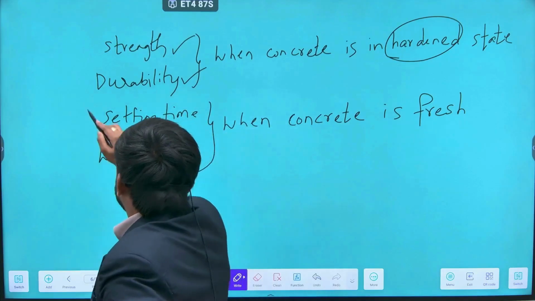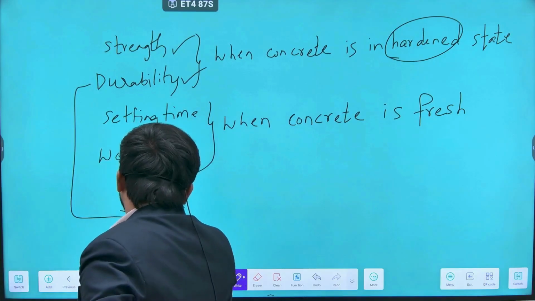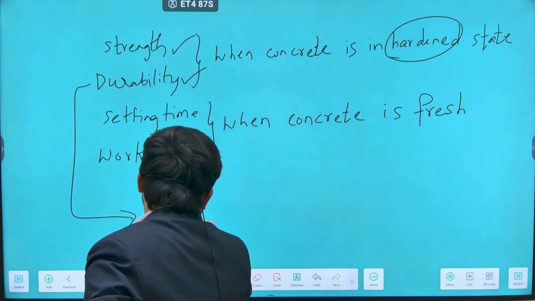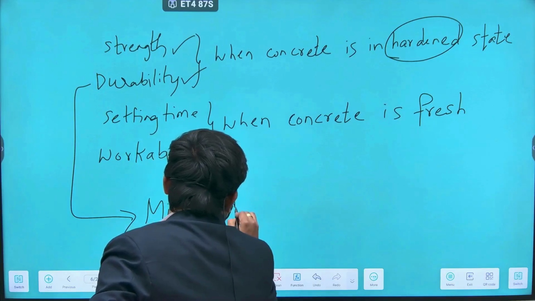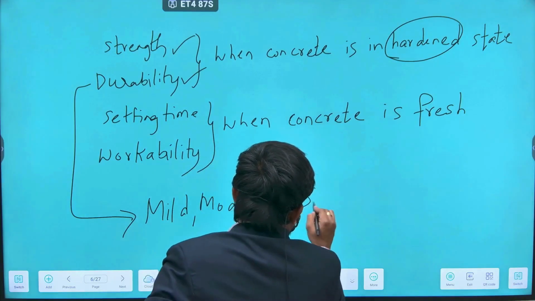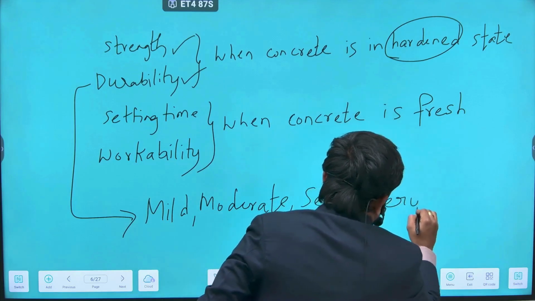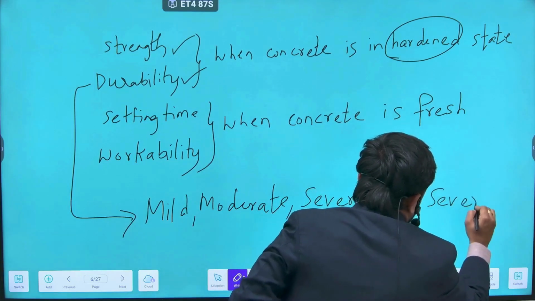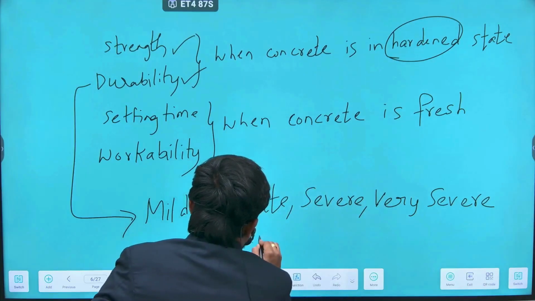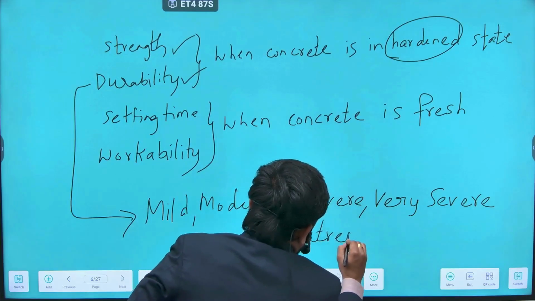Durability is based on different environmental conditions. They are mild, moderate, severe, very severe, and extreme.